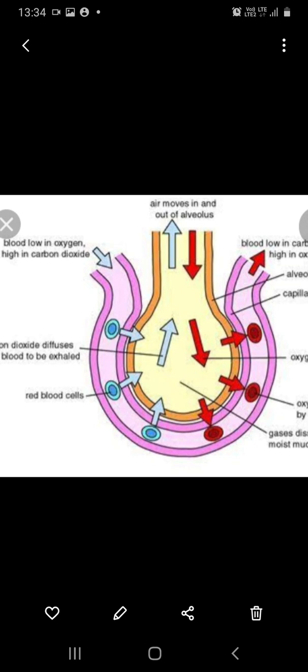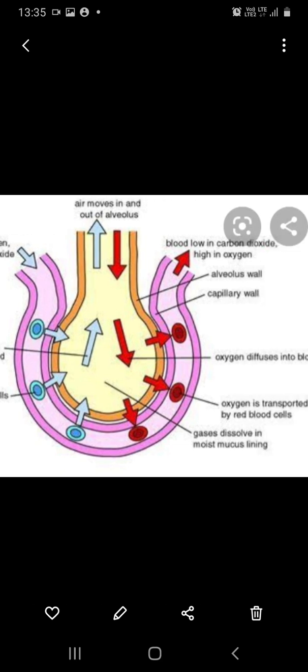So this blood flows in the capillary, and because of the difference in the partial pressure of carbon dioxide and oxygen present in the capillary and in the alveolus, the exchange takes place.